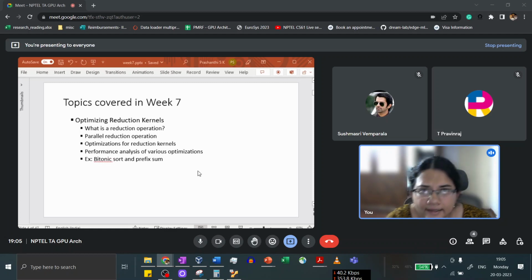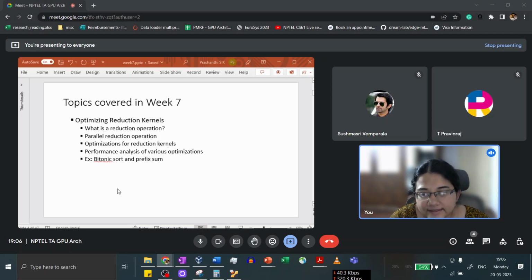So let's get started. In week 7, we mainly looked at reduction kernels and optimizations on these kernels. We started off with what a reduction operation is. Then we looked at how to do some common reduction operations in a parallel fashion so that you can exploit the GPU's parallel CUDA cores. And then we started from one version of the reduction kernel and continued finding performance bottlenecks and proposed optimizations to overcome those bottlenecks.